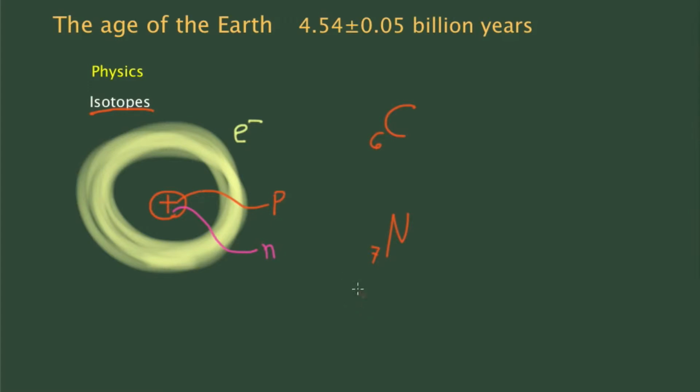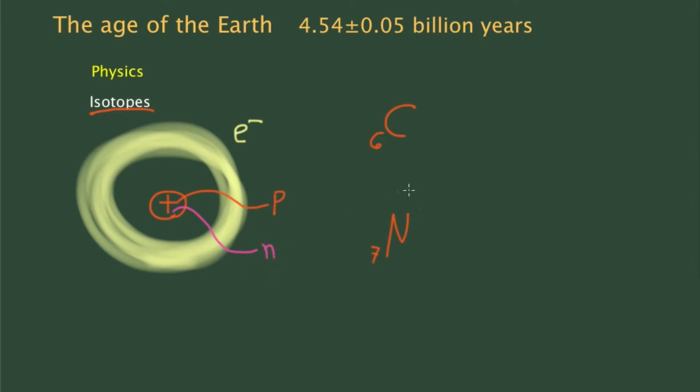Anyways, the identity of the atom is independent of the number of neutrons. You can have 10 neutrons or 5 neutrons or 7 neutrons, and as long as you have 6 protons, it will be carbon, and it will behave exactly like a carbon atom, and you won't be able to tell from chemical reactions.